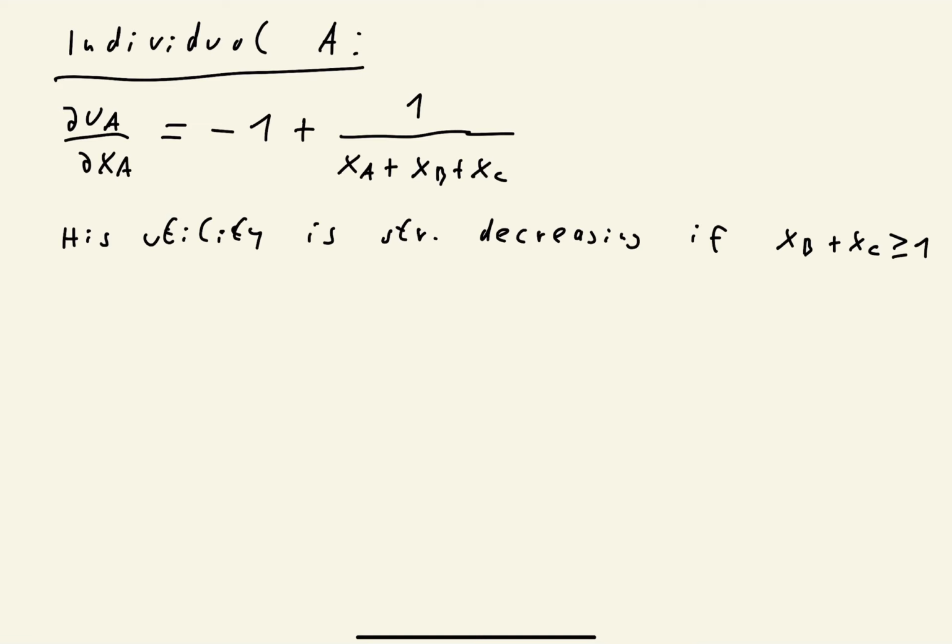If this is larger than 1, then increasing the amount of xa will yield a decrease in his utility. So the marginal utility is strictly negative here.